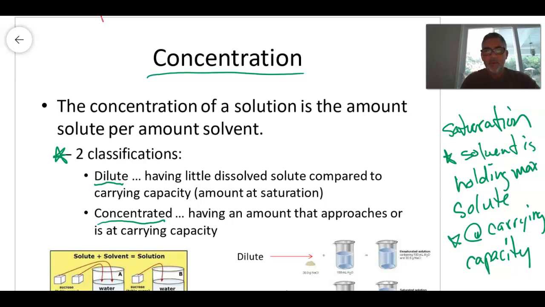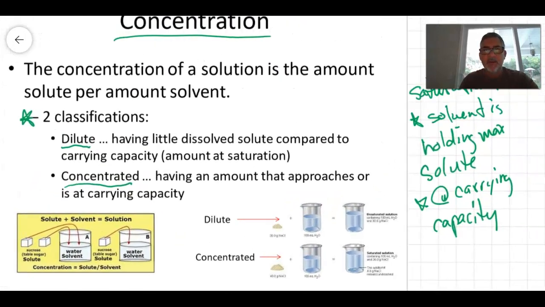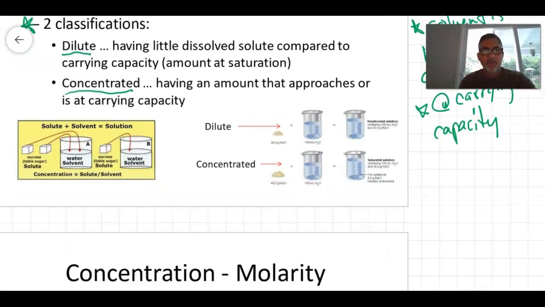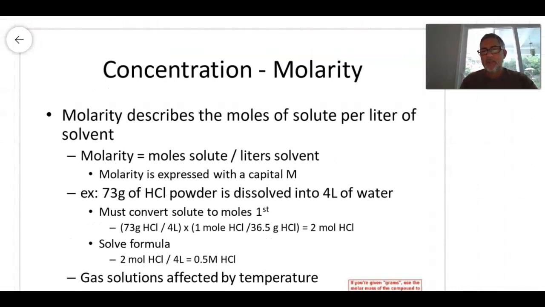Those are just ways that we look at it. If I want to make a concentrated solution more dilute, I add more solvent. If I want to make it less dilute, or more concentrated, I remove solvent.